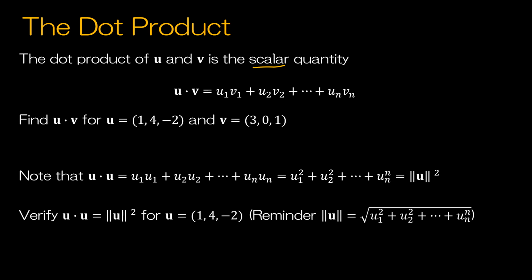And the dot product is found by essentially multiplying the first value with the first value, the second with the second, the third with the third, and so forth, and then finding the sum of those values.